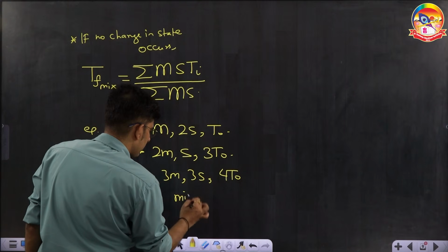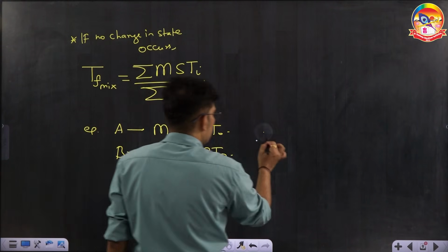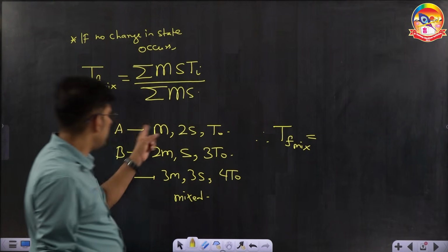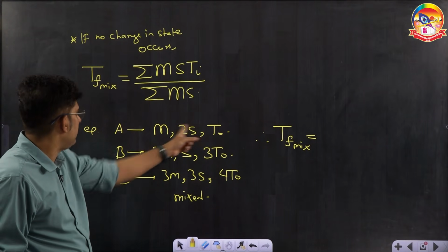These are mixed. So we will say T final of the mixture, directly use this formula, multiply MST.